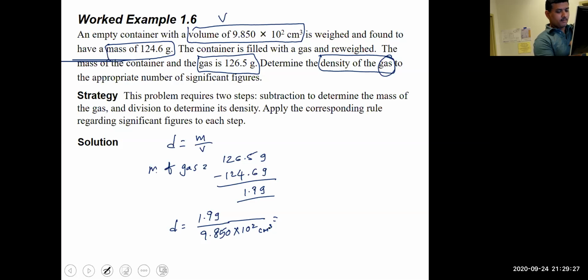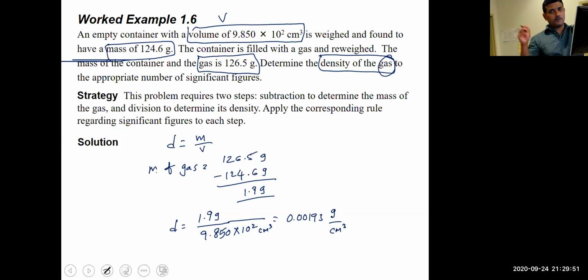You will have the answer at 0.00193 grams over centimeter cubed.